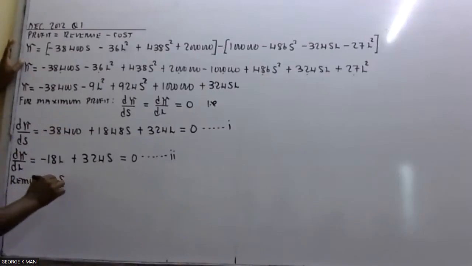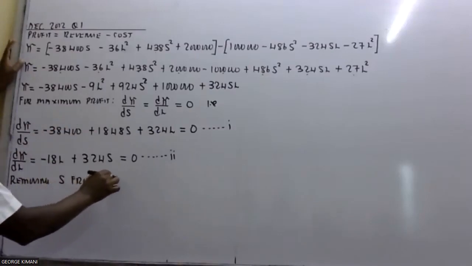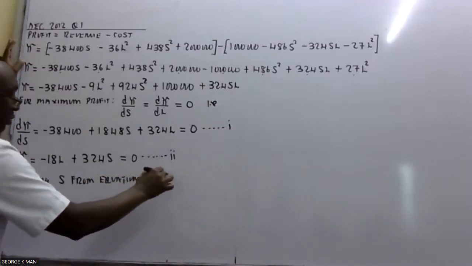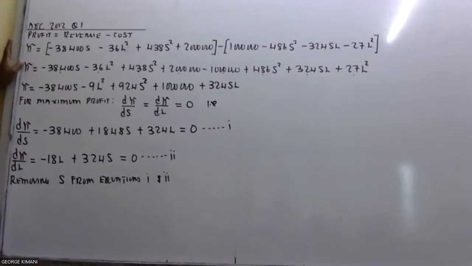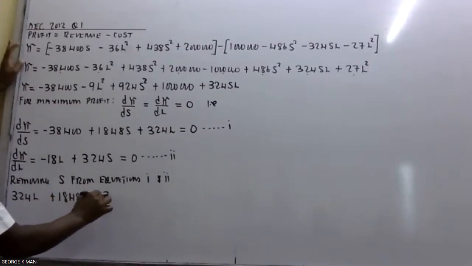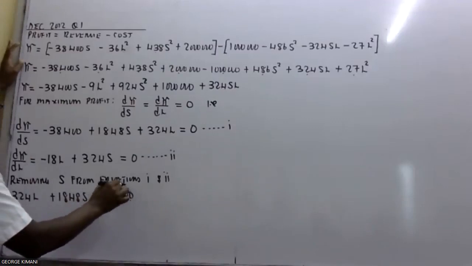Okay, so removing S from equations 1 and 2. Now you copy equation 1 like this: 324L plus 1848S is equal to 38,400. Is that the same thing here?